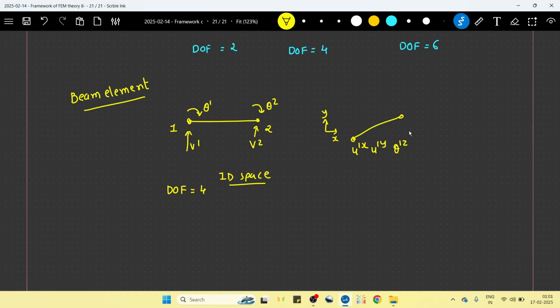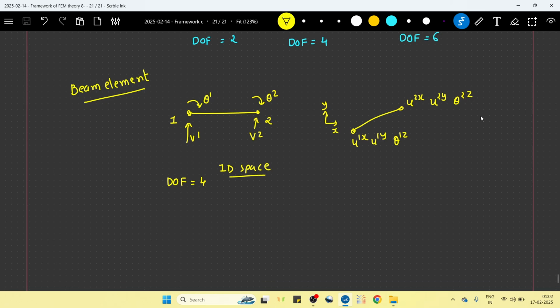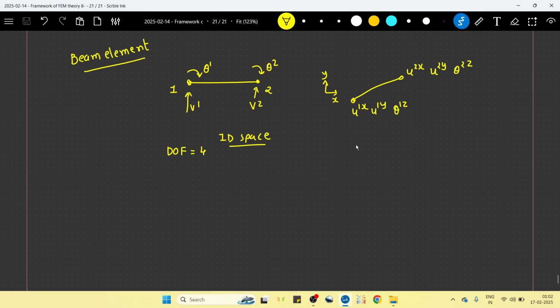Similarly, node number 2 has u2x, u2y and theta 2z. So for this the degree of freedom is equal to 6, and then the 1D beam element in 3D space.